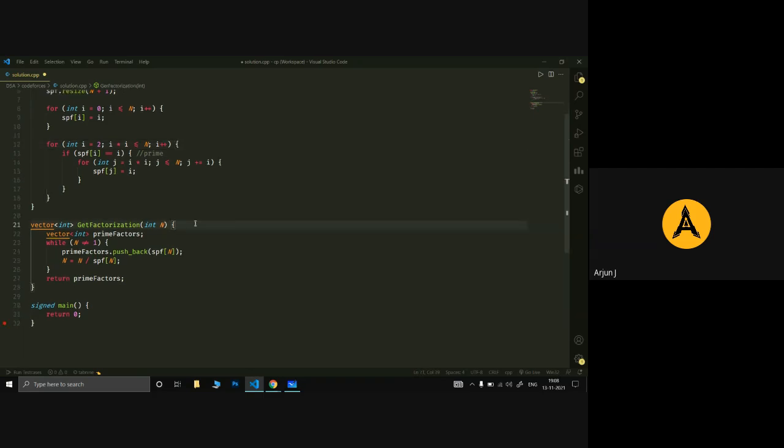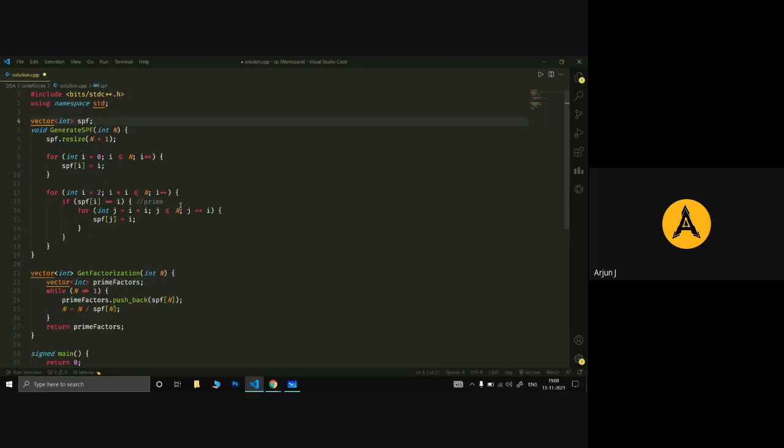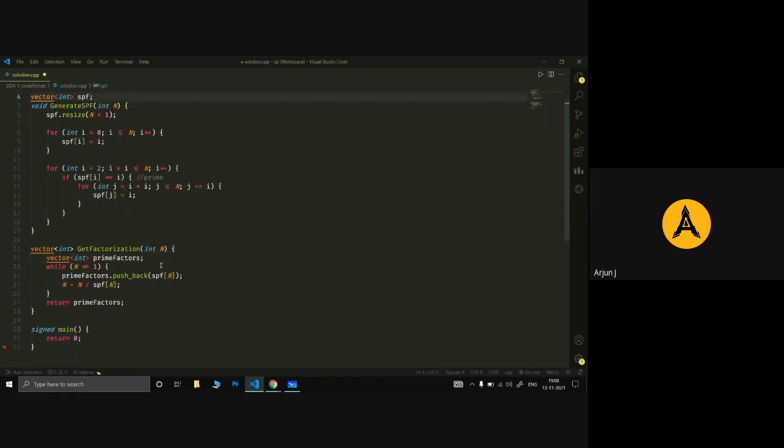Then we call this function, get factorization of n. What this function does is that it takes the SPF vector, which is already global, and we are also creating another vector called prime factors, which is going to store all the prime factors of the given number n.